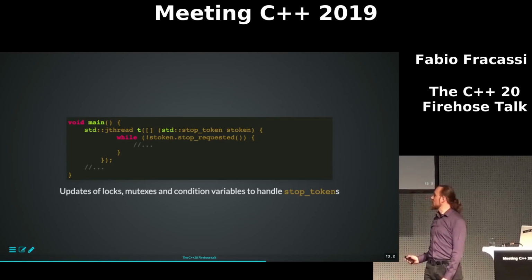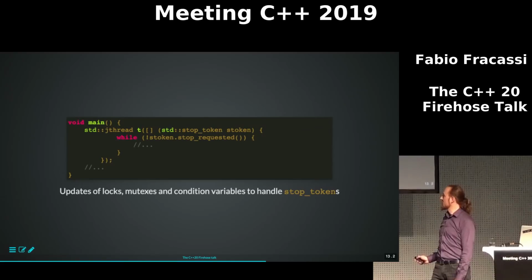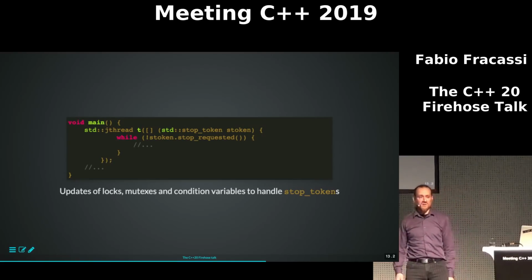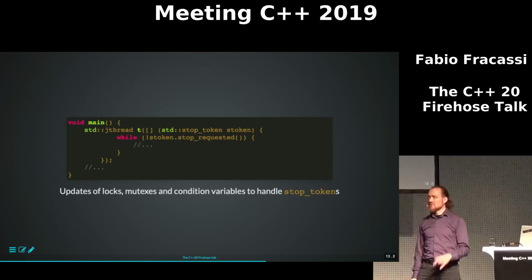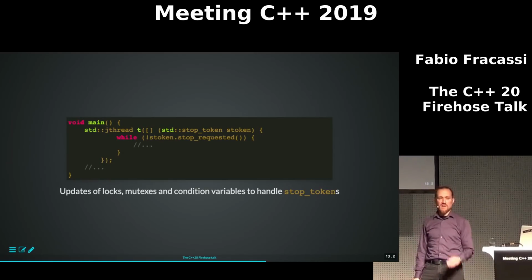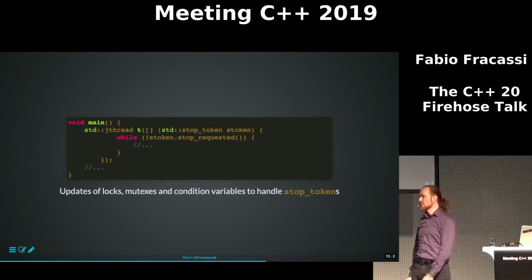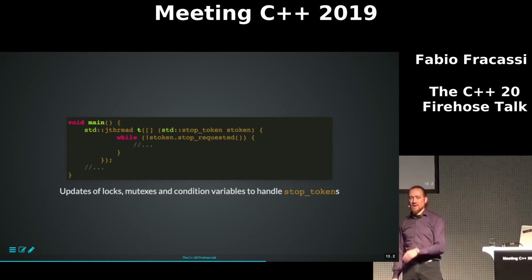But what's more important is that we have adapted locks, mutexes, and condition variables to also take stop tokens. And that way you can wait on something. You do a lock, you block on this lock, or you block on a condition variable. And once a stop is requested, all of those will break out of it and go out of your code and resume, making you able to cancel.